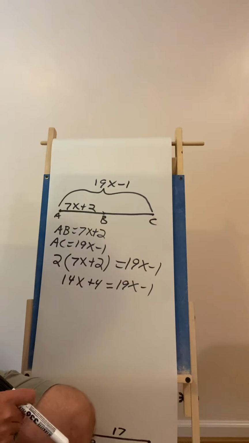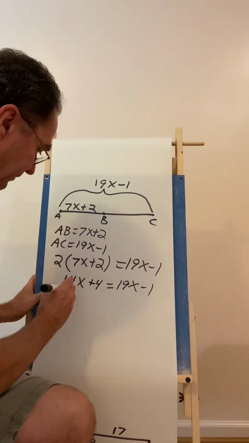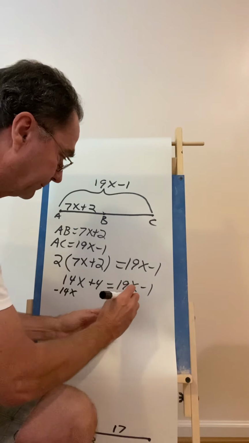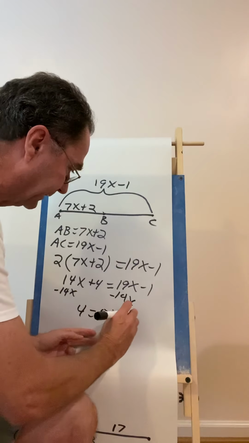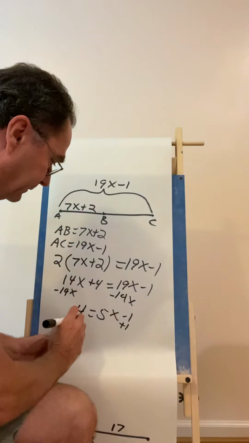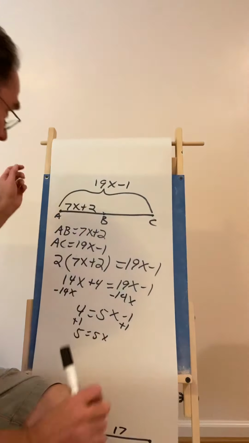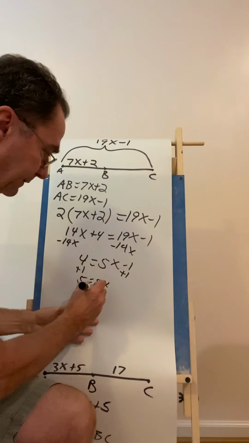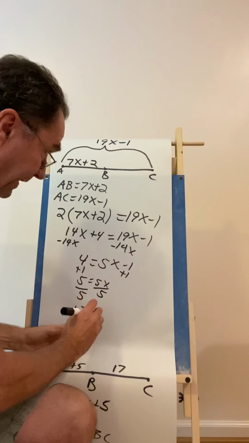Let's solve this. Remember, our steps are move the smaller variable first, which is the 14x. So I'm going to minus the 14x from each side, and I get 4 equals 5x minus 1. Add the 1, I get 5 equals 5x, and if I divide by 5, I get 1 equals x.